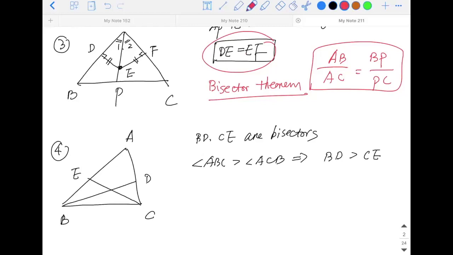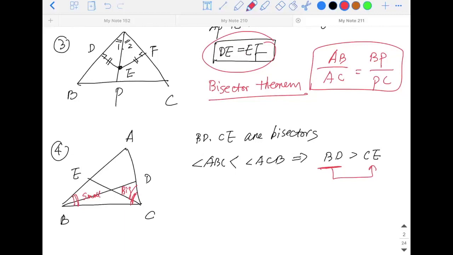Because my shape is pretty much such that ABC is actually lesser. If ABC is small and ACB is big, then automatically you can have BD actually greater than CE.